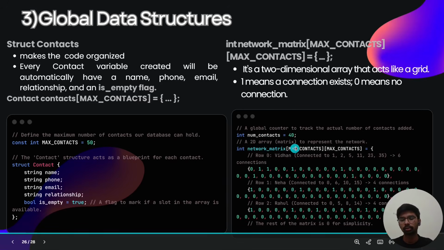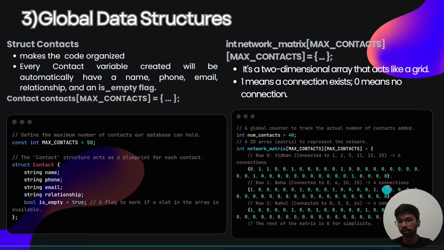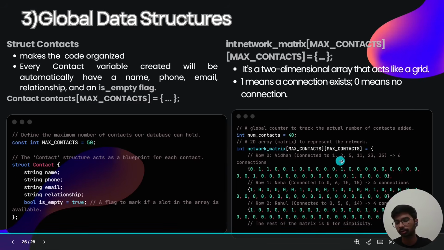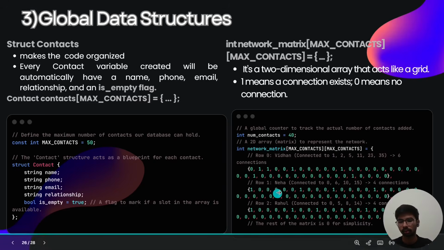Int num contact equals 40 means we have pre-filled 40 contacts so that I can present this presentation. In the network matrix, this means Vidhan is connected to the people at index 1, 2, 5, 11, 23, and 35.